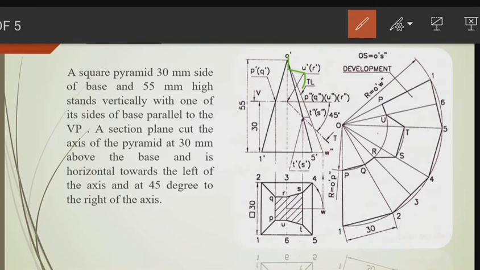As you know, when you see this, you can see that P is in the first corner. In the front view, you can see that P and Q are at this axial point. P is on this side and Q is on the other side.